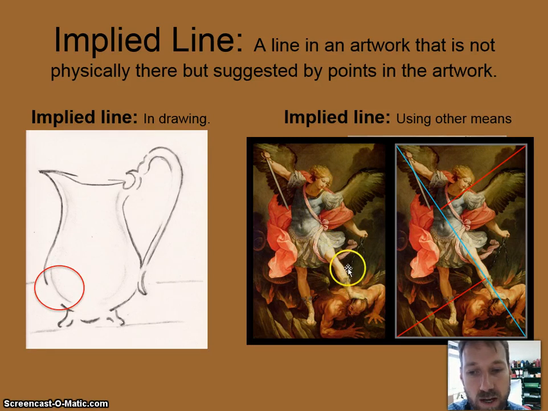So all of those compositional aspects really draw the eye this way, and it's a line that is implied. It's not truly there, but you see it as the viewer, and the artist is exploiting that compositional use of an implied line to direct you, the viewer, around the picture.